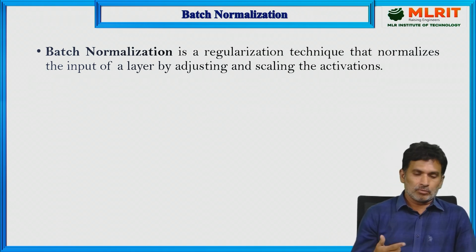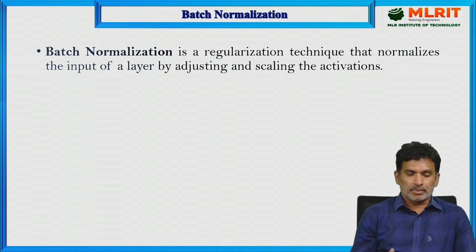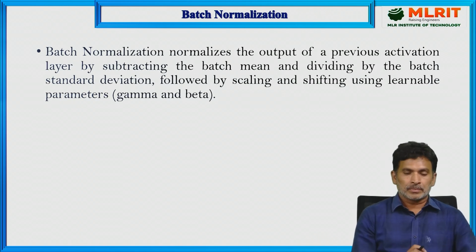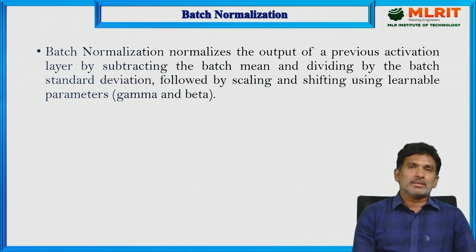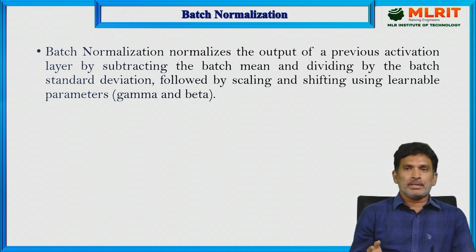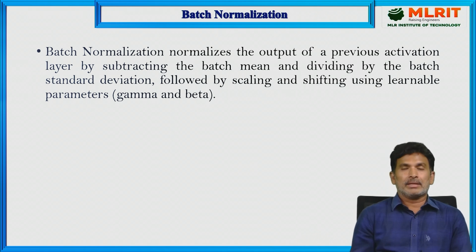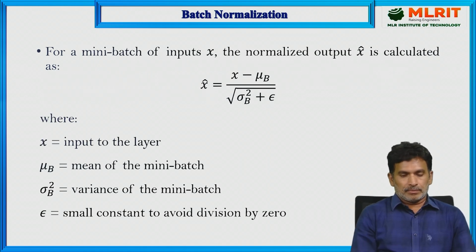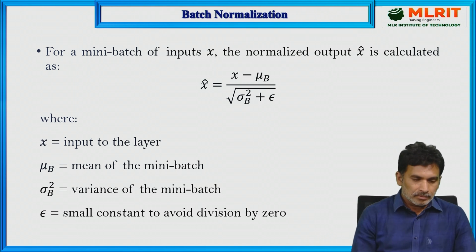It normalizes the output of a previous activation layer by subtracting the batch mean and dividing by the batch standard deviation, followed by scaling and shifting using learnable parameters such as gamma and beta.